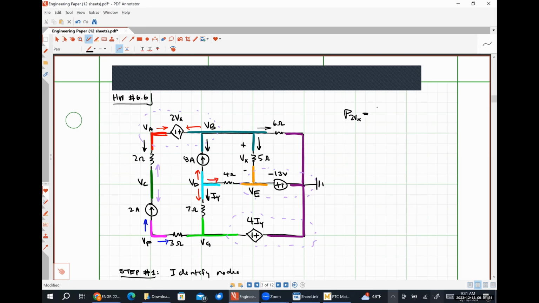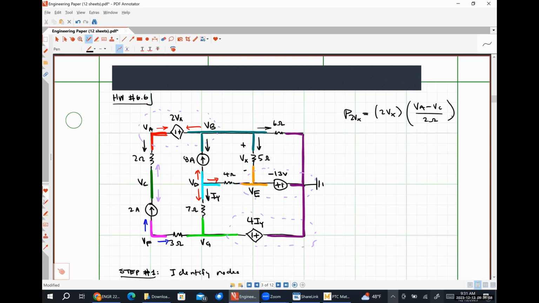We know that this would be the voltage drop across that voltage source, which is literally 2Vx times the current that is flowing into the positive polarity terminal. To me, the current that's flowing into the positive polarity terminal could be expressed as VA minus VC over 2 ohms. That's one possible way to express the current that's flowing through that source.